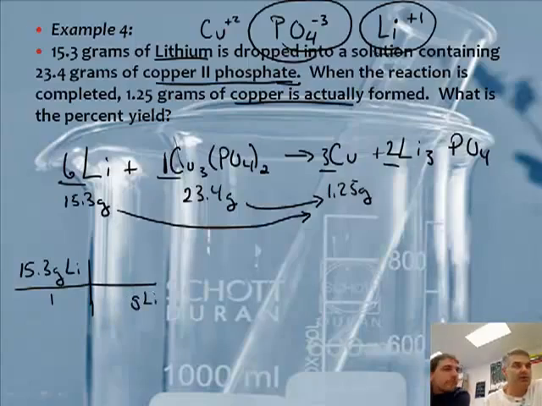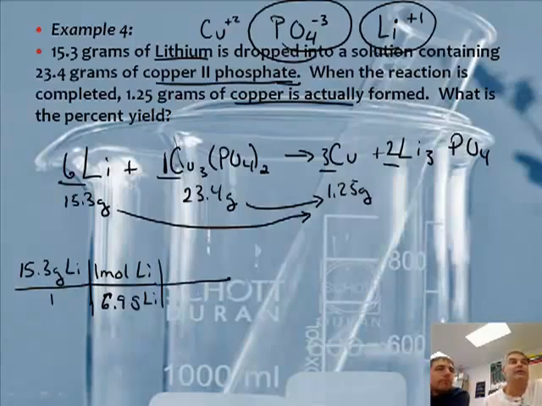So 15.3 grams of Li to 1 mole of Li. Is it 7.0 or 6.9? It is 6.941, so we'll call it 7. Well, we just go to the tenth of the decimal, 6.9.